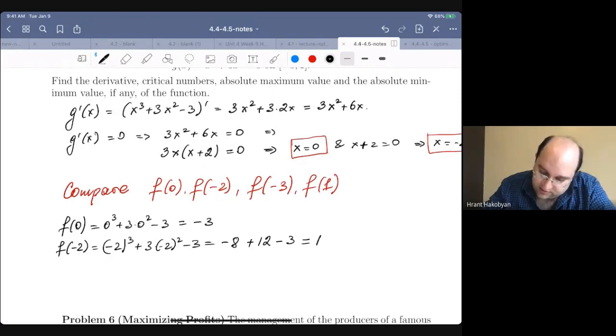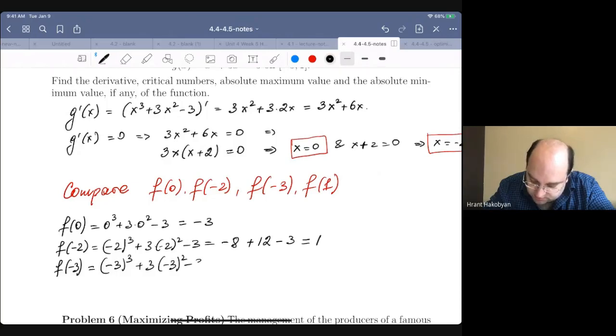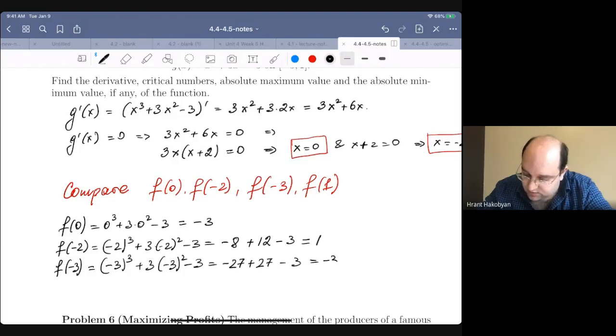Then I have f at negative 3. So it's going to be negative 3 to the power 3 plus 3 times negative 3 squared minus 3. So that's negative 27 plus 27 minus 3, so that's negative 3.